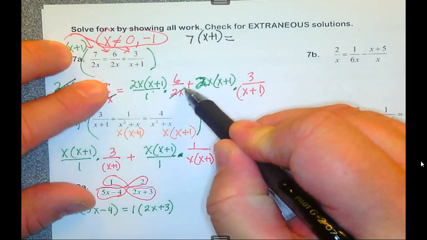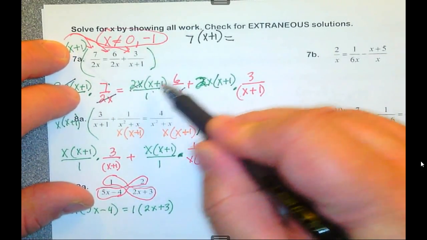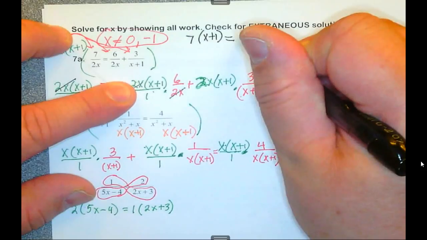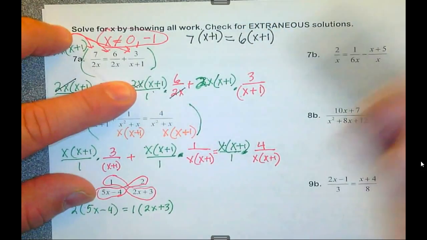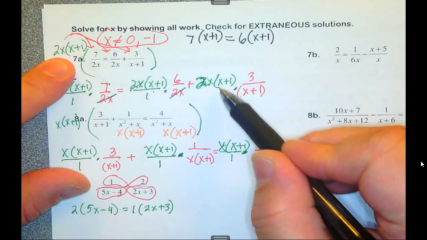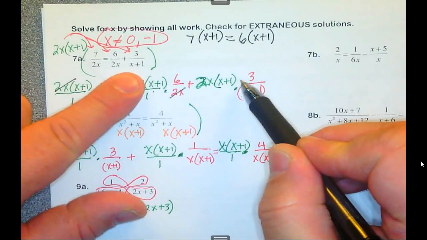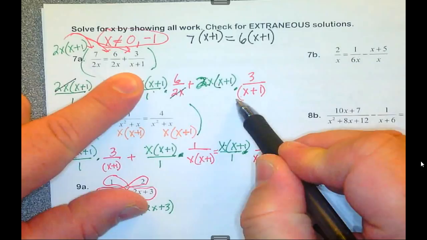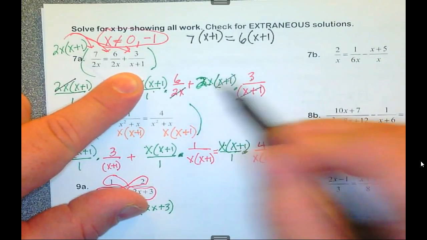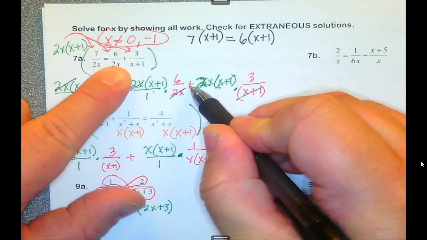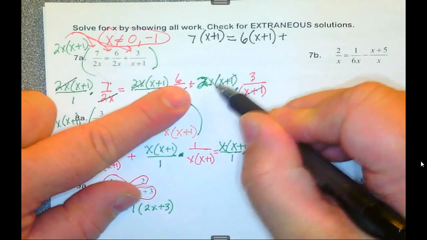My 2x's cancel out, and I have 6 times x plus 1. Then I take my common denominator and multiply it by the third term. This time, my x plus 1's cancel, and I get 3 times 2x. It's a plus sign. So I have 6x.